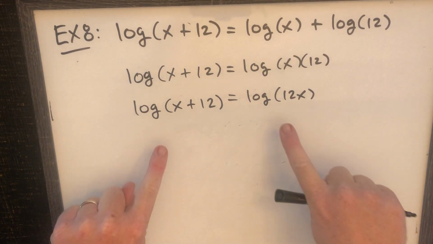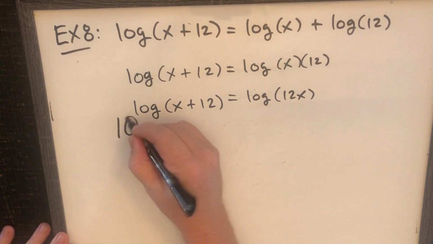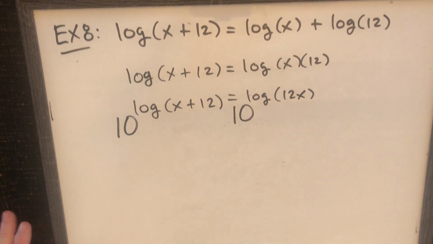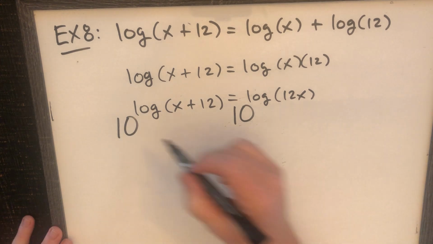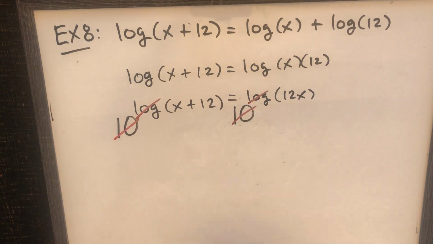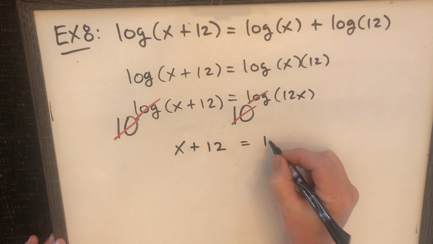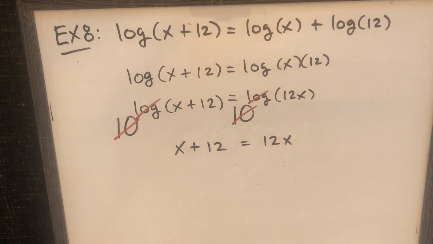All right, we don't see a base, so we're to assume that the base is 10. Let's use our trick, saving some space here by just writing a big 10 here. Canceling out the 10s and the logs, giving us an ordinary linear equation, x plus 12 equals 12x.